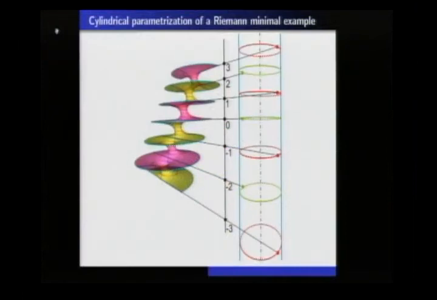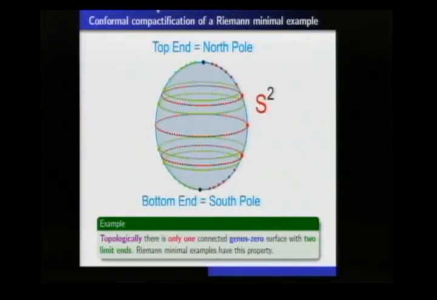Okay, again, this is somehow the same picture. We see this parameterization. Now, we want to compactify the cylinder. So we're still trying to understand the topology of Riemann. We can see it's parameterized by a cylinder. But what is a cylinder conformally? An infinite cylinder conformally is just the unit sphere with the north and south pole removed.